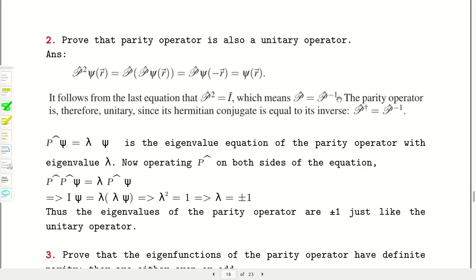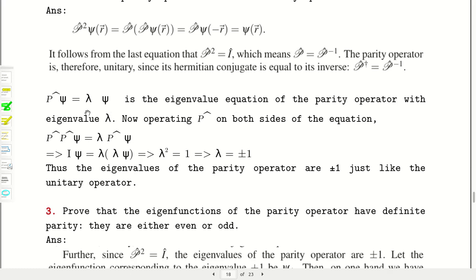So P is equal to P inverse, and again you have proved that P is equal to P dagger, that is its Hermitian conjugate. So P dagger is equal to P inverse, so it can simply be said that the parity operator is unitary.